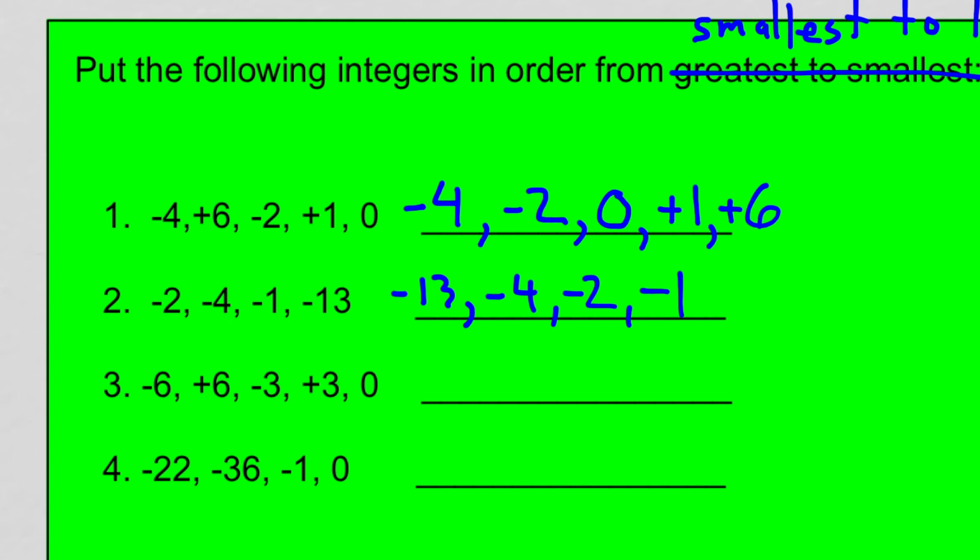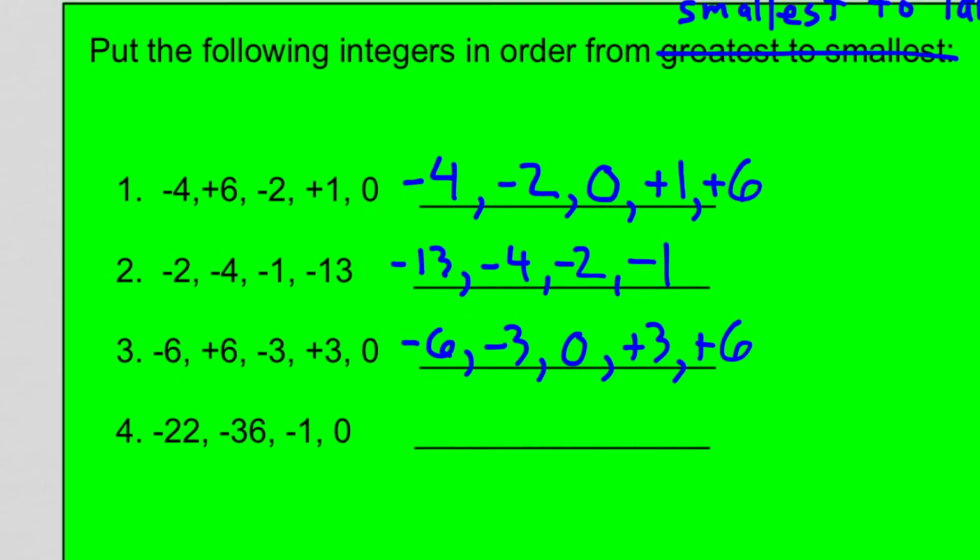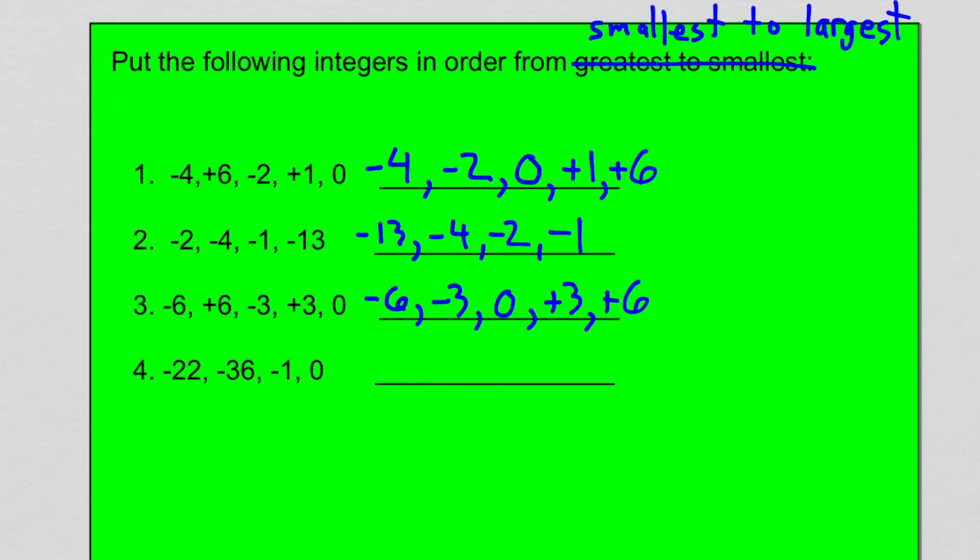And then number 3, going from smallest to largest, I'd do negative 6, negative 3, 0, positive 3, positive 6. And the last one, if I keep thinking of what's the coldest temperature, we'd have negative 36, negative 22, negative 1, and then 0 would be the largest integer in that group.